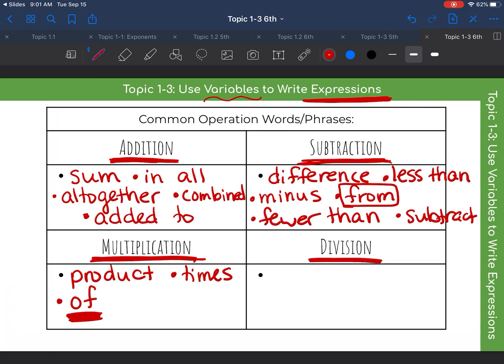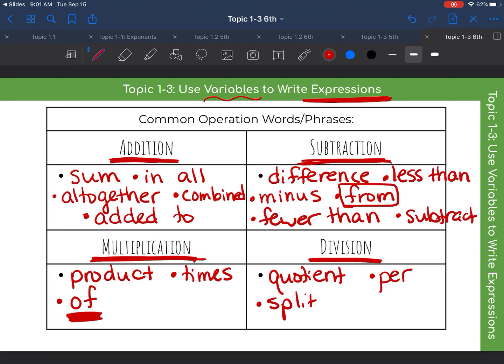And lastly, now we're dealing with division. Some words and phrases that represent division. We have quotient. That tells us the quotient of two numbers, we're dividing those two numbers. Per. $5 per person. If there's $20 in total, you know you're doing 20 divided by 5. And split, same thing.